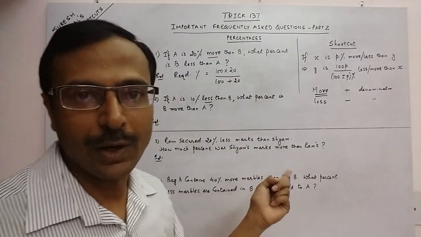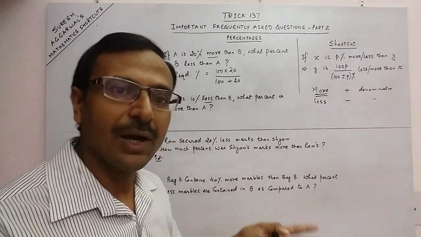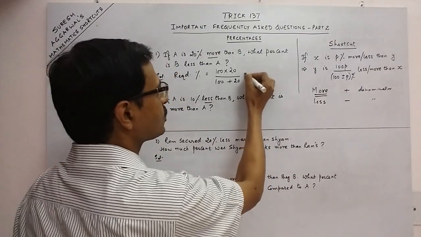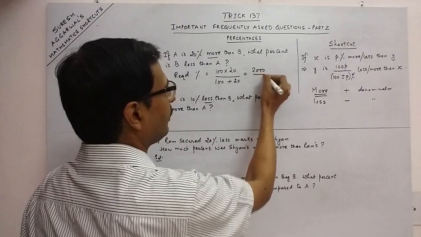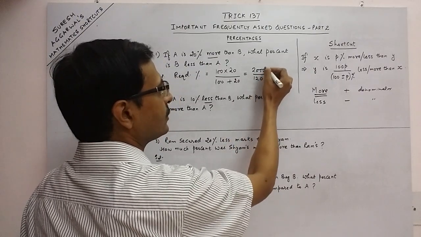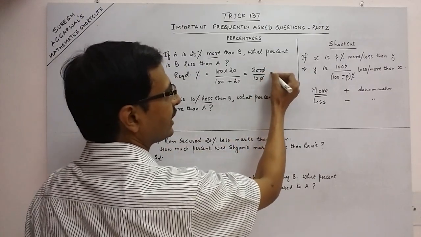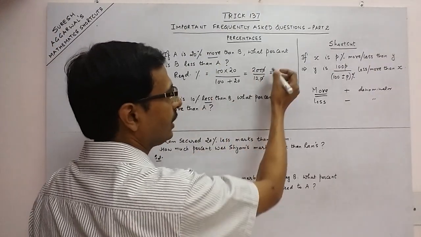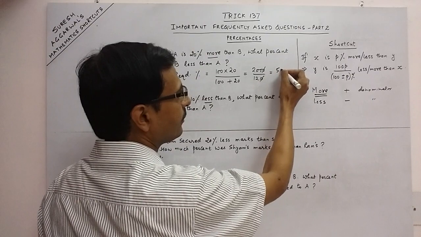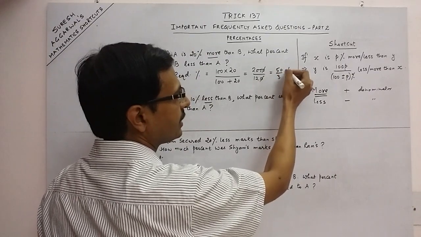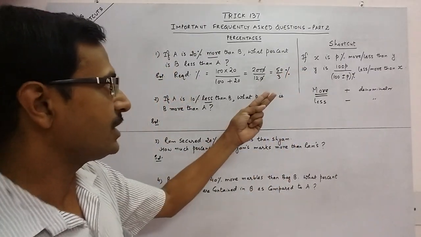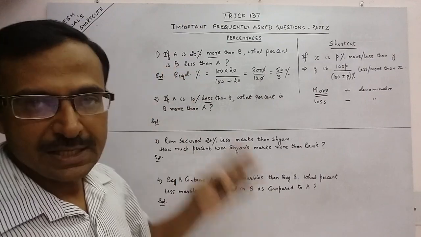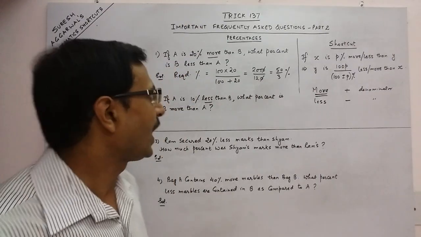This will give us the required percentage, which is the answer. So this is 2000 upon 120. 0 cancels out. We can cancel this out by 4. So 50 upon 3%. This is the required percentage by which B is less than A.